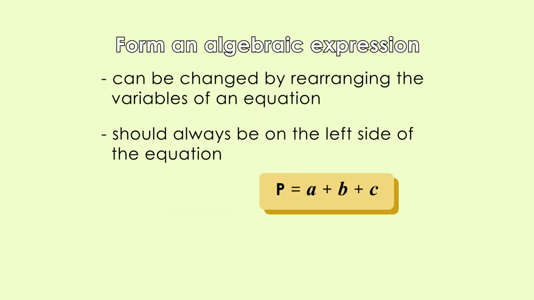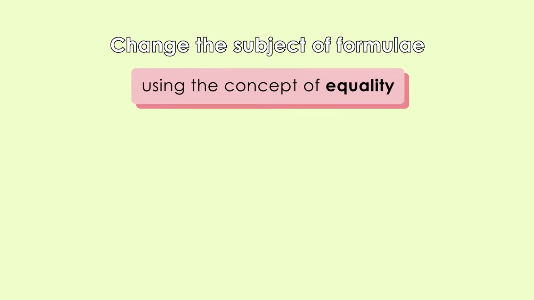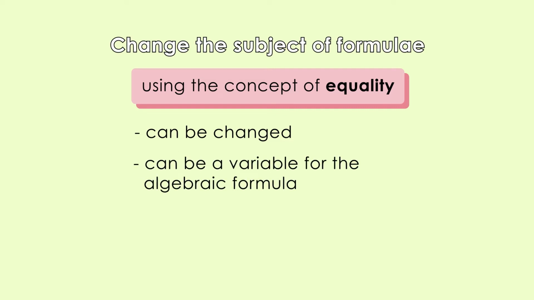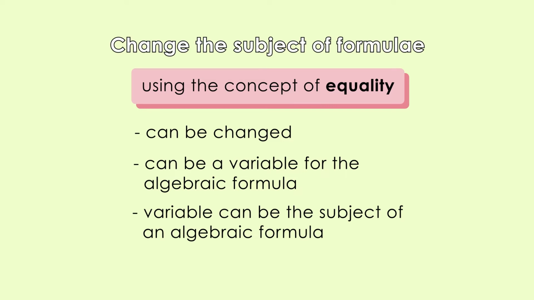Dear girls and boys, do you know how to change the subject of an algebraic formula by using the concept of equality? Let's give it a try. The subject of a formula can be changed. The subject of a formula can be a variable for the algebraic formula and the variable can be the subject of an algebraic formula.